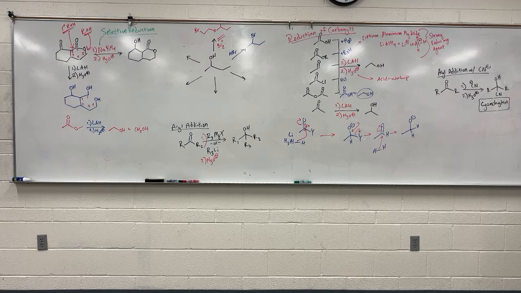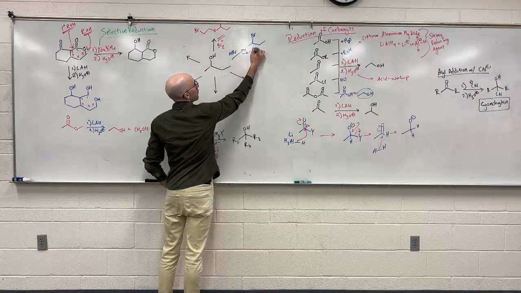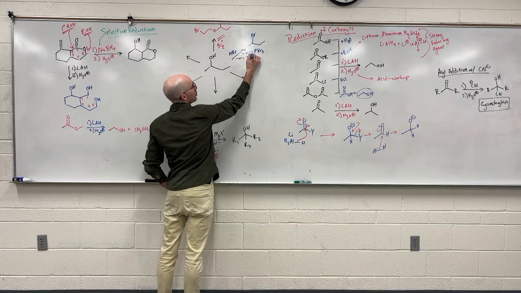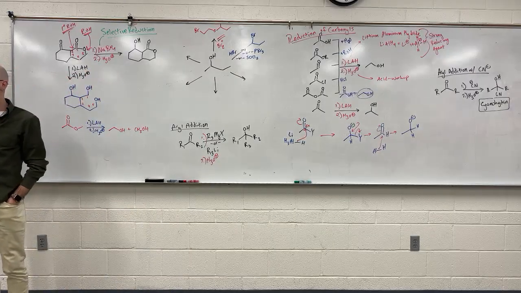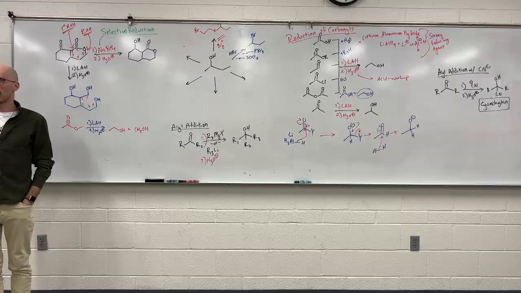I could also use PBr3 to do this, or similarly, I could use SOCl2 to make the chlorine derivative. So those are all ways that I can do substitution on my alcohol.